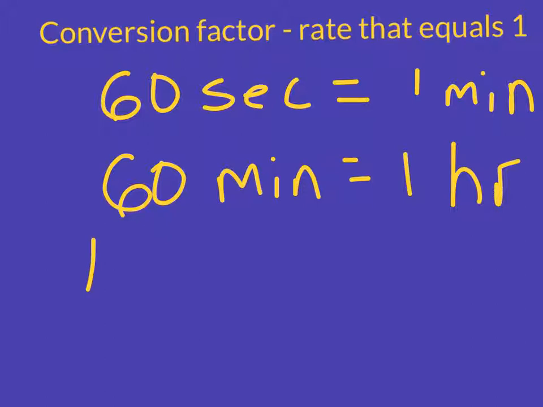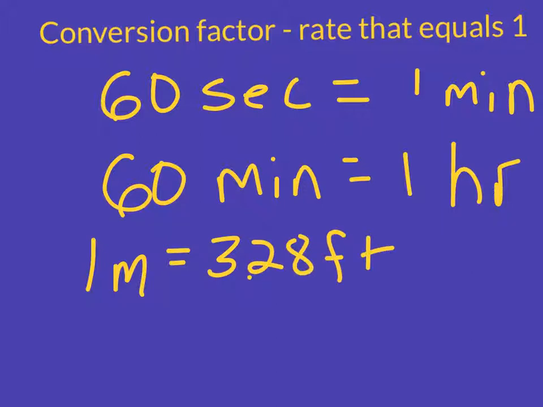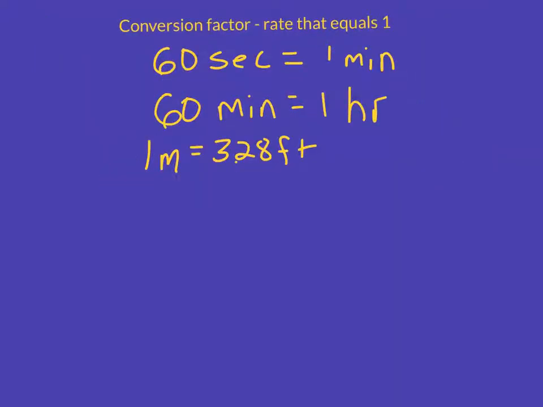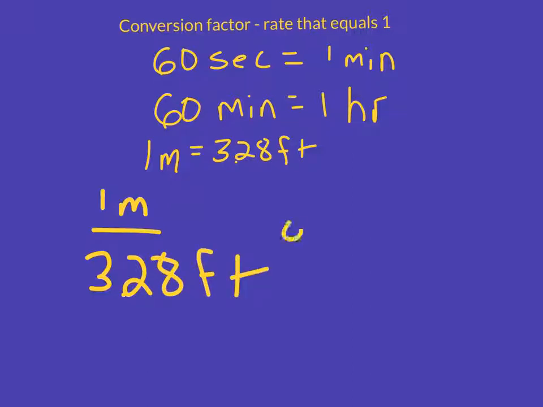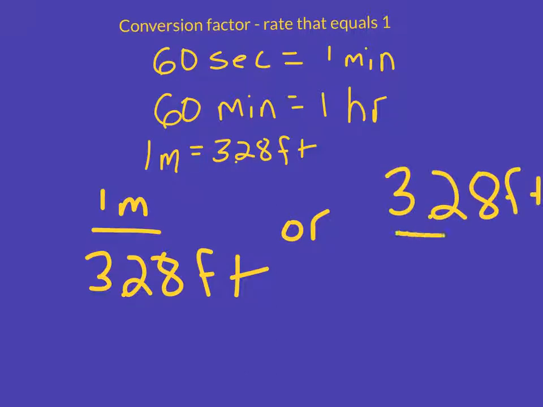You could have 1 meter is equal to 3.28 feet. You might see it written like that, or you might see it written like this: 1 meter over 3.28 feet. Or you might see it like this: 3.28 feet over 1 meter.